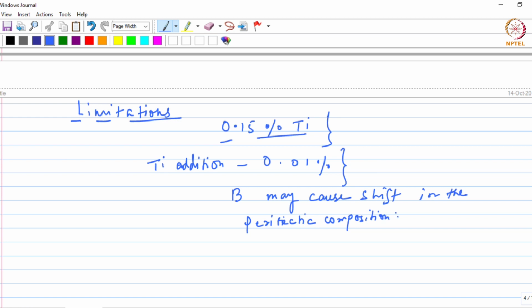And others suggest that a ternary eutectic is also possible at 659.5 degrees Celsius.